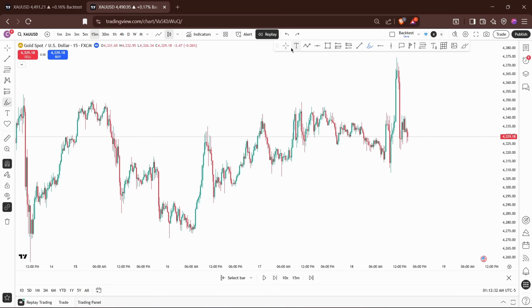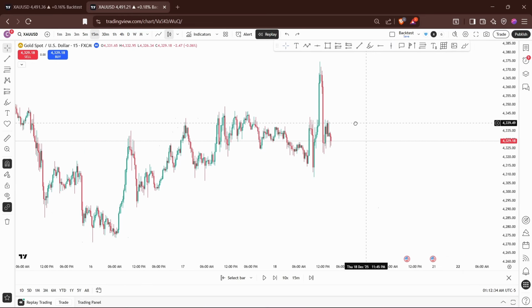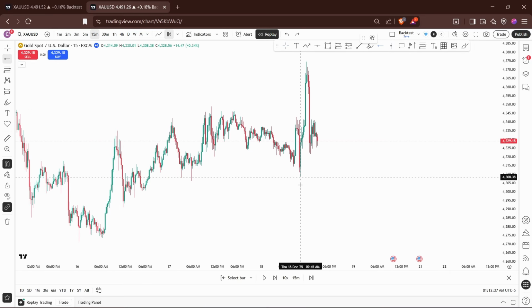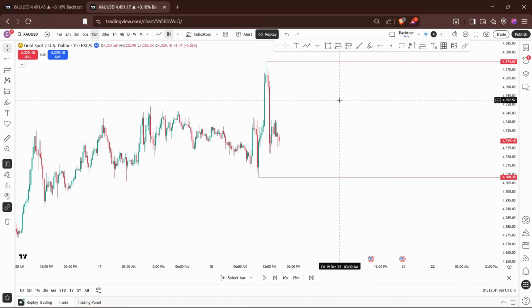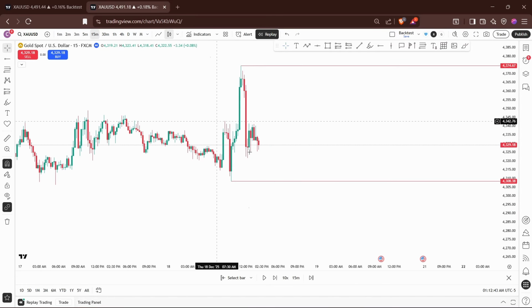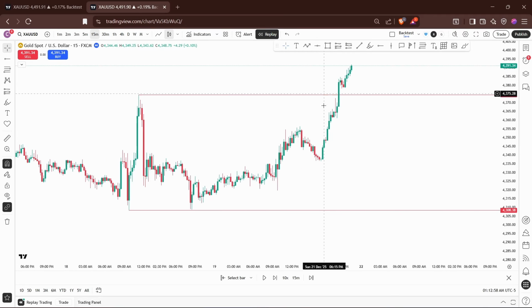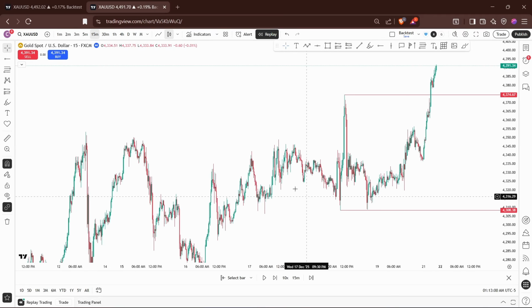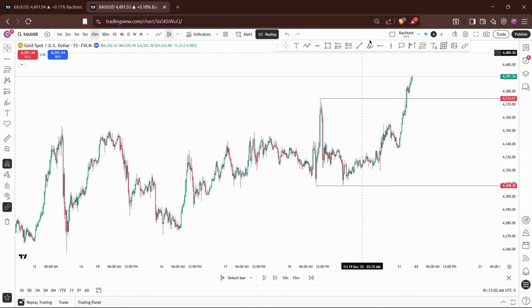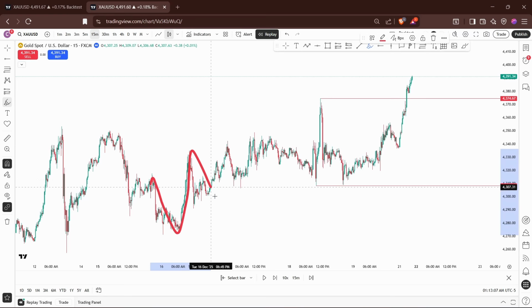So we got this is the low and then this is the high. Let's see for a break of the high or low. It's not breaking this low, so let's wait for the break of the high. Yeah, it broke the high. So there we again have a bullish market structure shift, again a bullish break of structure like this.